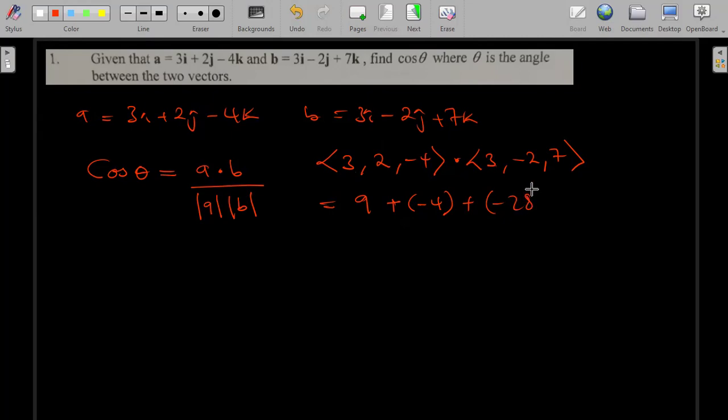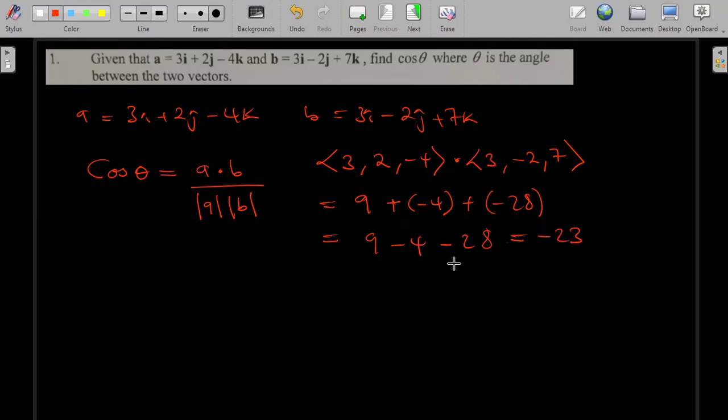So this gives me 9 minus 4 minus 28. When I compute this, it gives me -23.